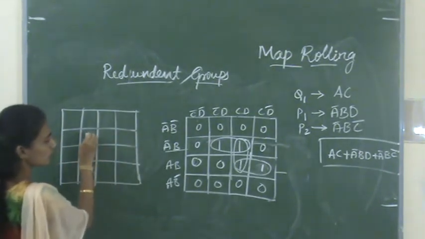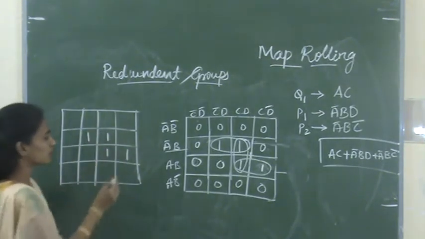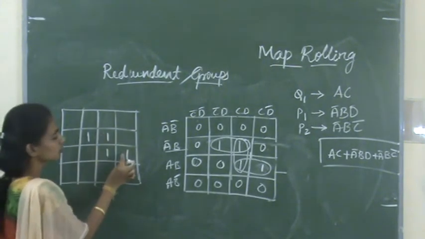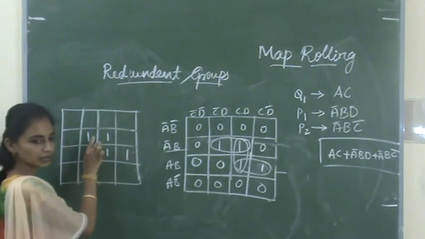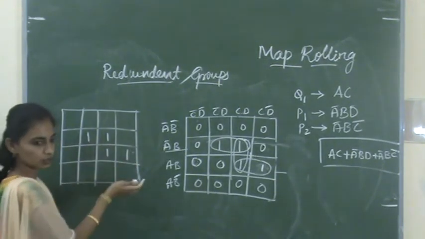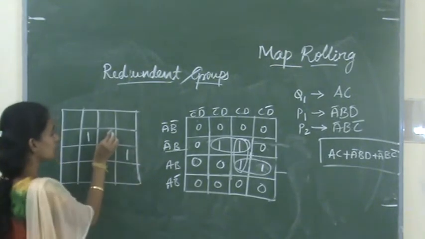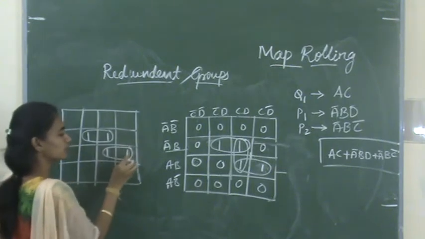So we have ones like this, right? Suppose I pair these two ones, okay? So this one will be there and this one will be there. So we cannot pair these two, right? So to overcome that, I am pairing these two ones and these two ones, okay?